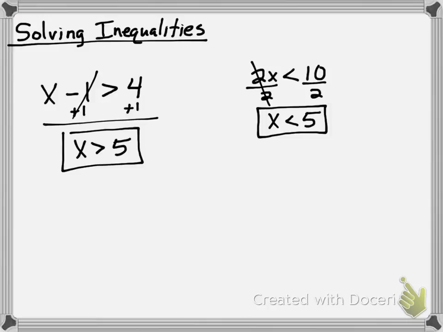So as you can see, these work almost identically to equations. You solve inequalities the same way you solve equations. And instead of having an equal sign there, you have whatever inequality symbol that you started with.